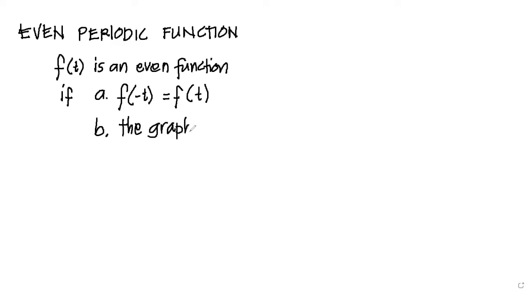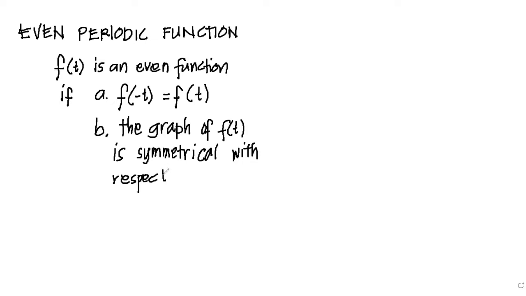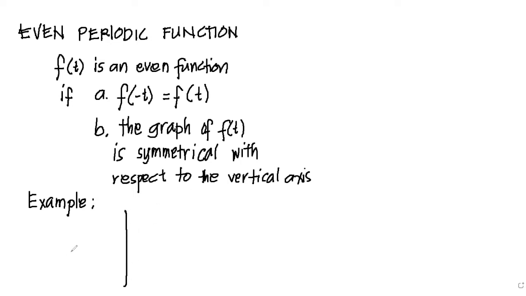Next, the graph of the periodic function f of t is symmetrical with respect to the vertical axis. So the function that can be seen on the right side of the Cartesian plane is the same to that function that can be seen in the left side of the Cartesian plane.